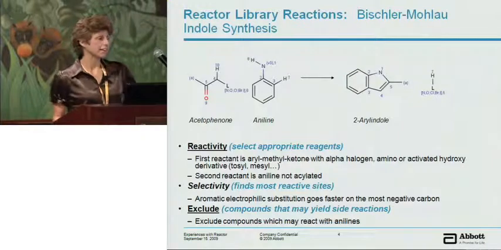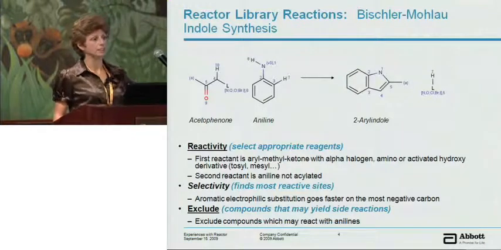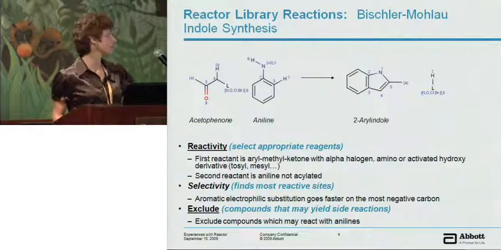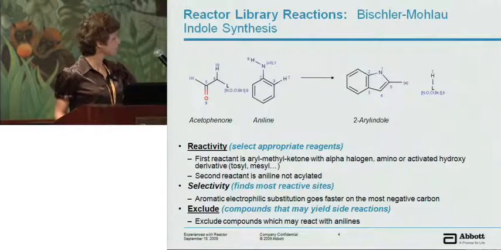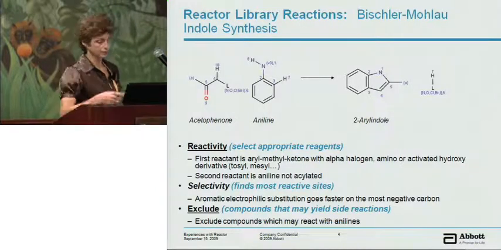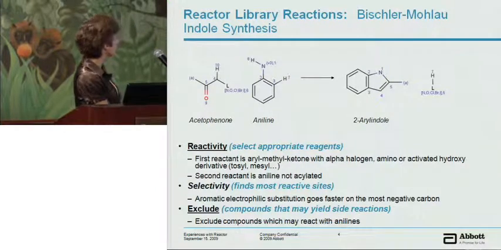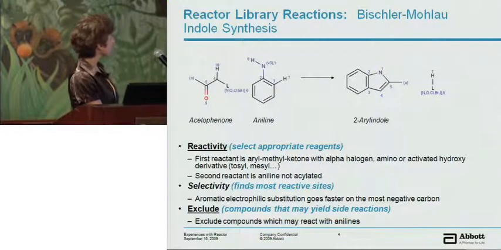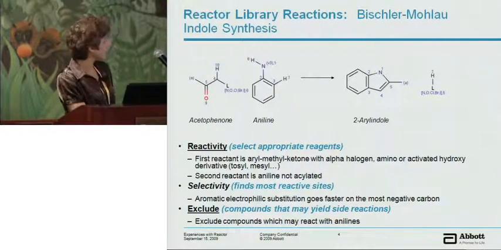Here's an example of a reaction in the Reactor library with the synthesis rules that are encoded for the reaction. We have the generic reaction for this indole synthesis, which is just a ketone reacting with an amine to give this indole. Here are the reaction rules that are encoded within Reactor. There are rules for reactivity, which will select the appropriate reagents.